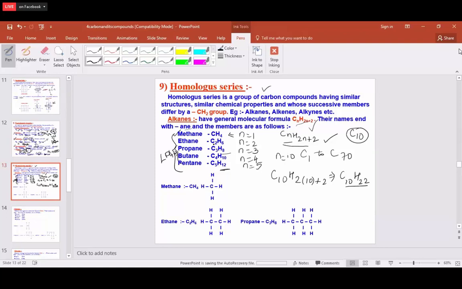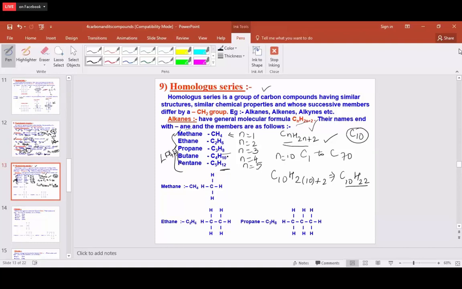So the LPG cylinders contain liquefied propane and butane. The pentane and the hexane are nothing but the petrol. So like this we are having diesel, kerosene. Everything is an alkane, which is a saturated hydrocarbon which we are using in our day-to-day life. So all the alkane family we are using for burning purposes.